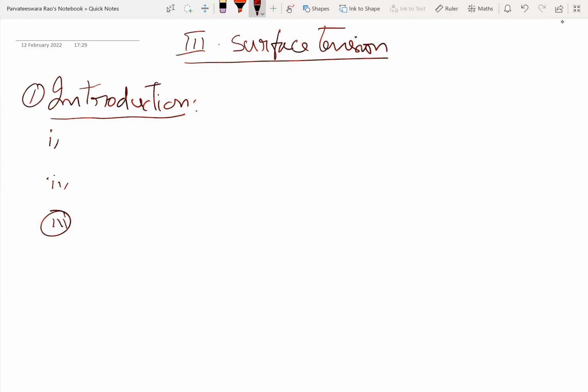And the cohesive and adhesive forces give rise to this.